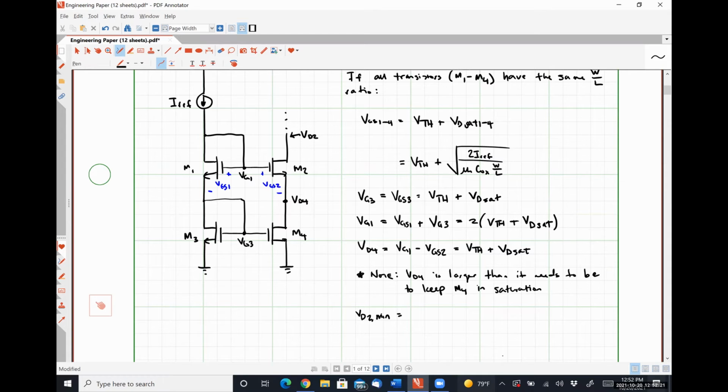So if VD2 were at VDSAT by itself, that means it would be at a lower potential than VD4, and so we'd be deep, deep, deep in the triode region. It actually needs to be a VDSAT higher than what we have at VD4 in order for it to be in saturation, right? Which would be VTH plus twice VDSAT.